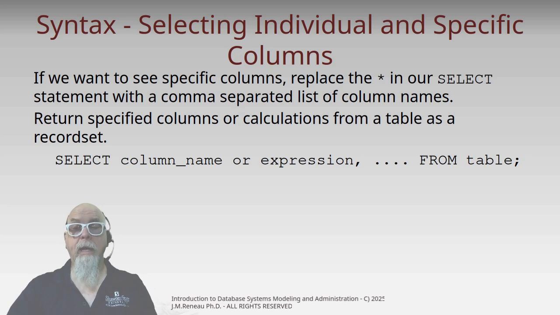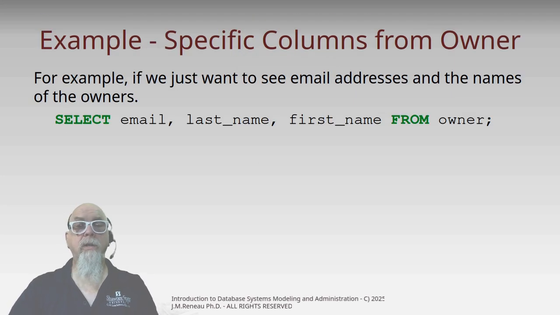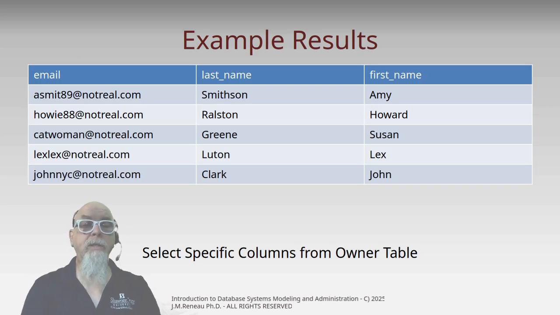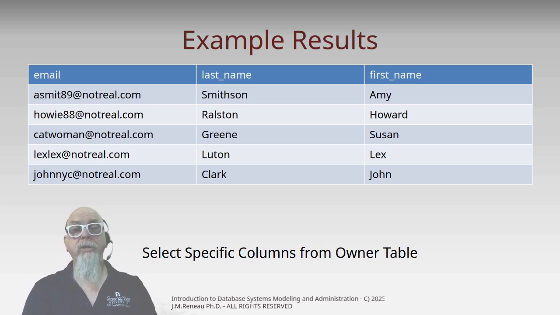Let's see what that looks like. So using the same owner table, let's select the email, the last name, and the first name from the owner table. And we see the resulting record set contains all of the rows, but just contains the 3 columns in the order that you asked for them in the select statement.